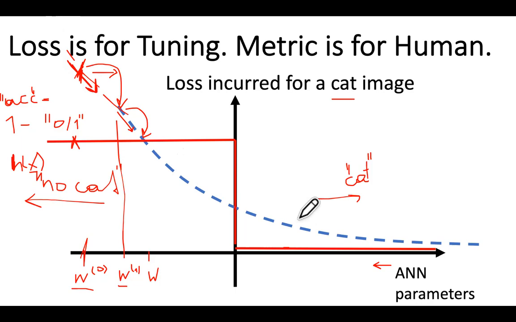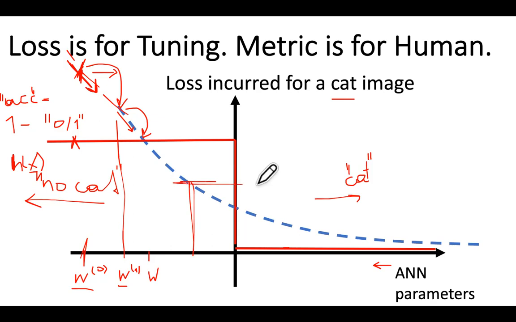I just want to convince you that it's a good idea to not use the 0-1 loss for actually tuning the weights. For tuning the weights of an artificial neural network, we use cross entropy loss, which is nice: we can use gradients to go down towards the minimum. However, the drawback of the cross entropy loss is that it's not very intuitive.